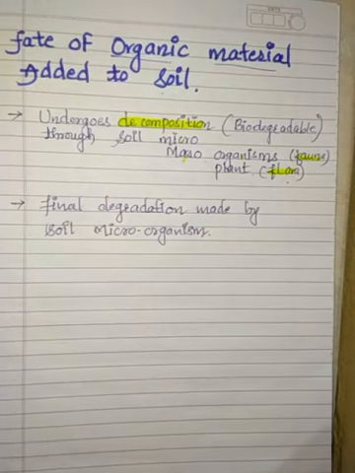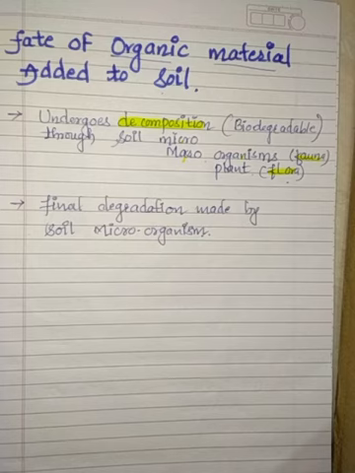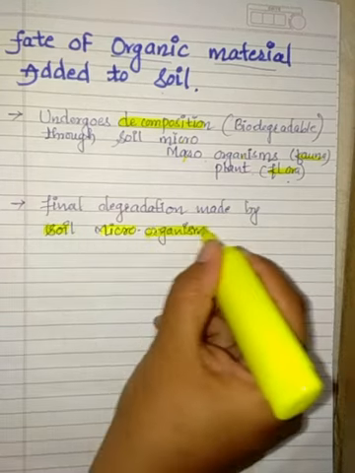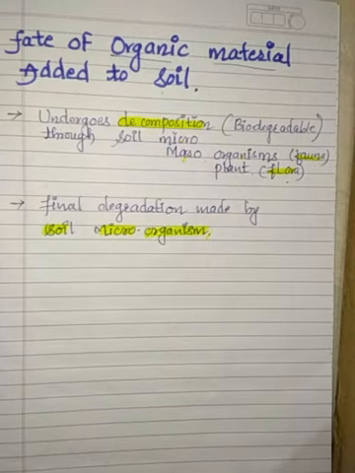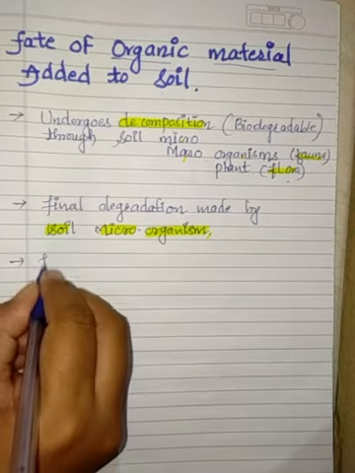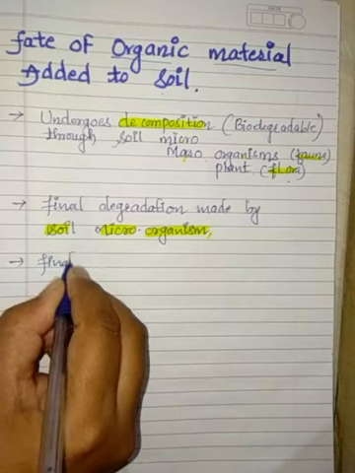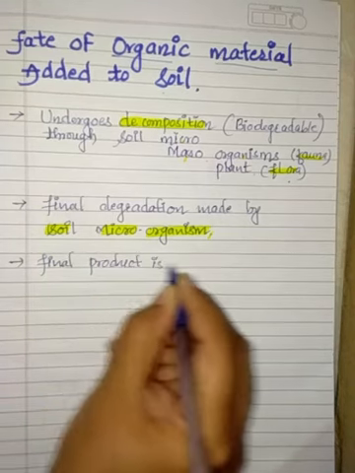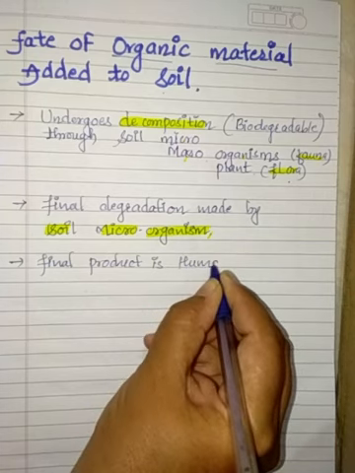Final degradation means final decomposition is made by soil microorganisms. They also play a very important role in SOM, because they make the finally degradable part. The final product is humus type material.